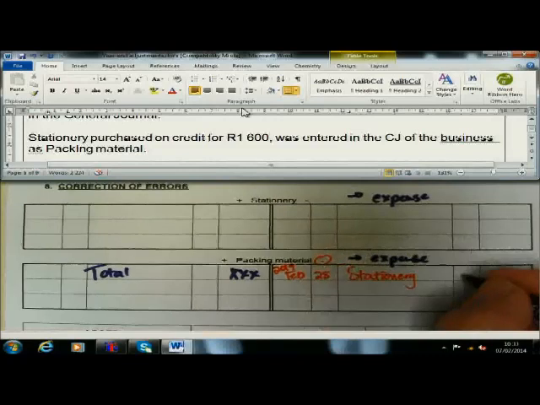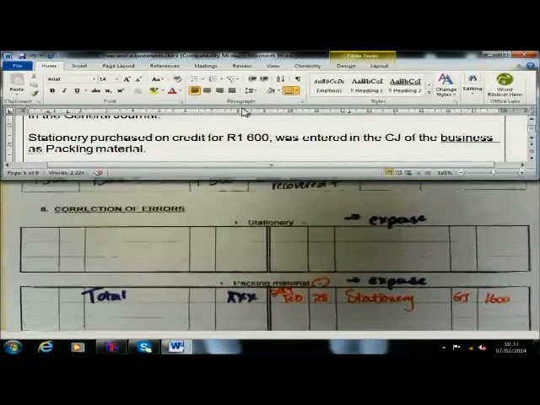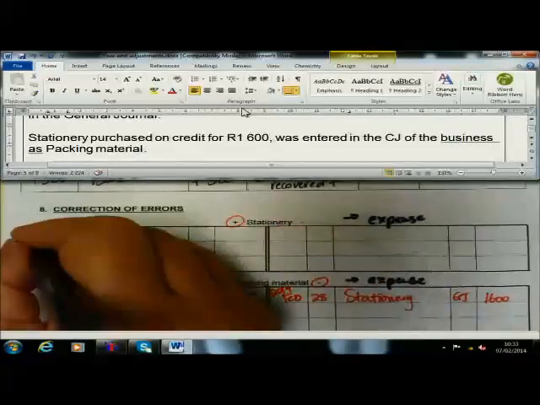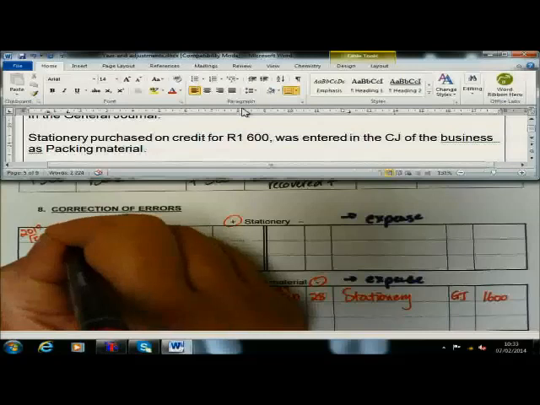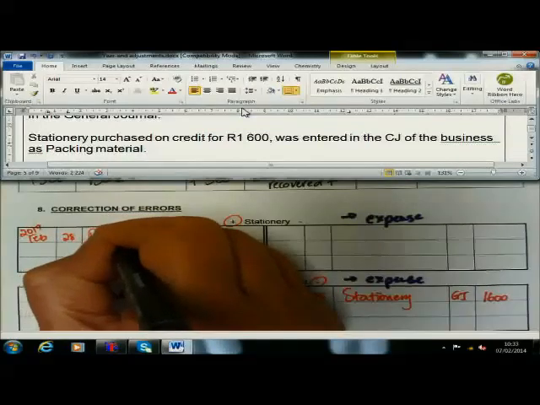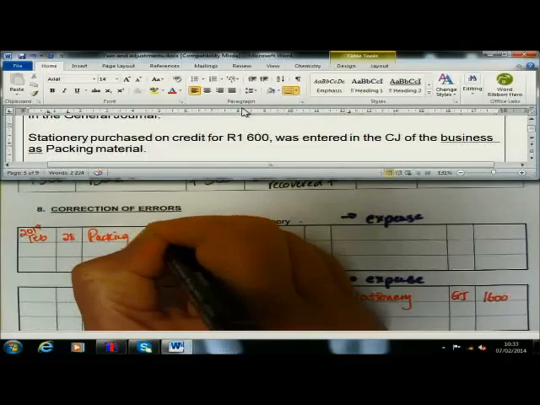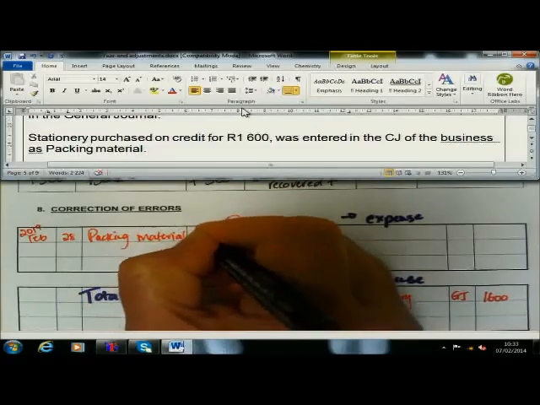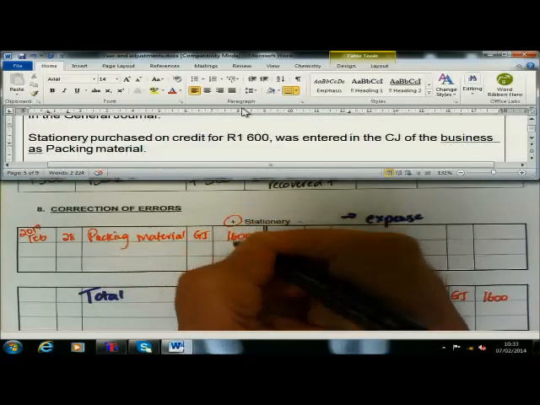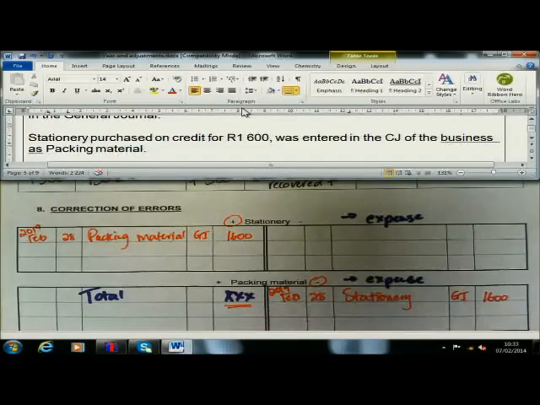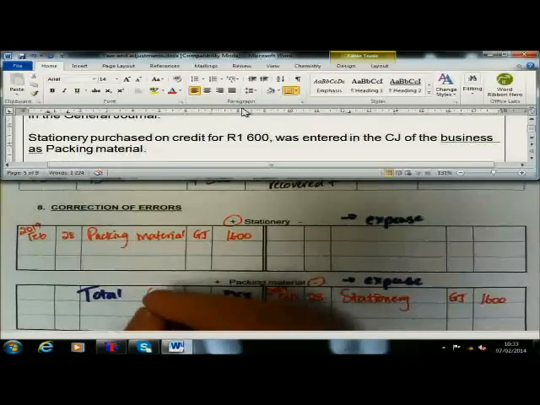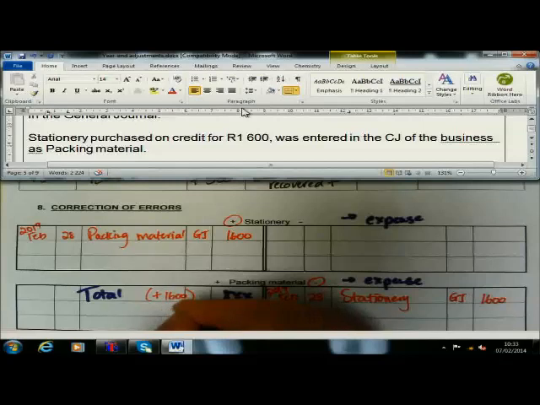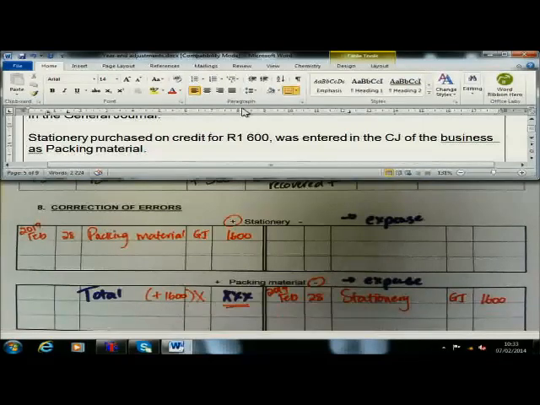On the minus side of the packing material, 1,600 Rand, and on the plus side of the stationery. Because whatever amount is there, that 1,600 is included there, and that's wrong.